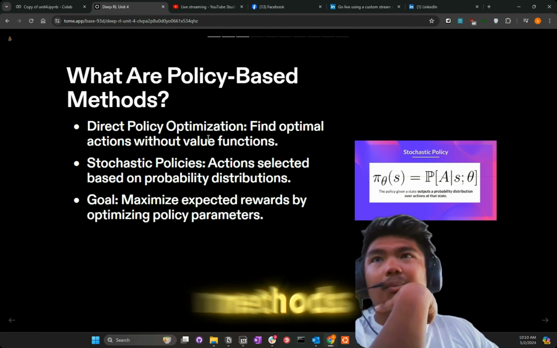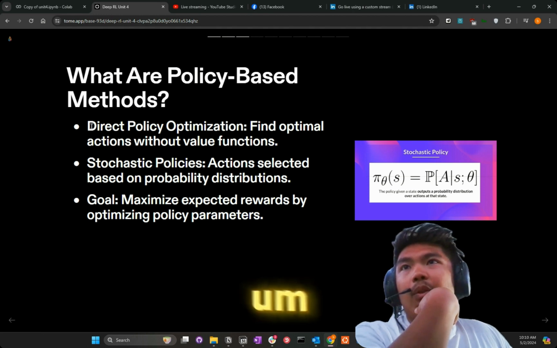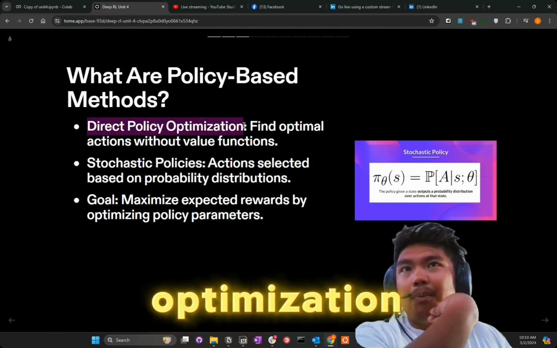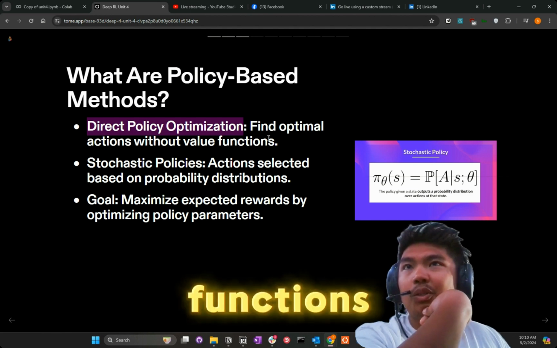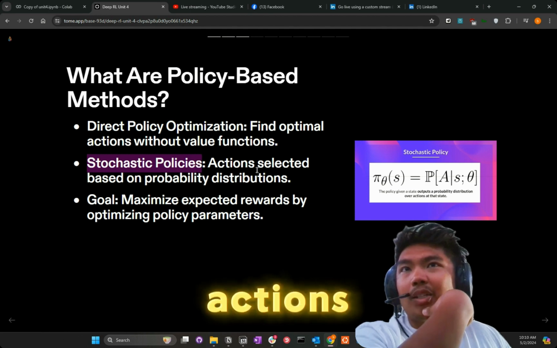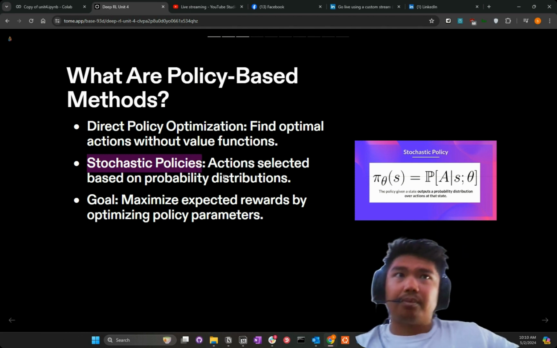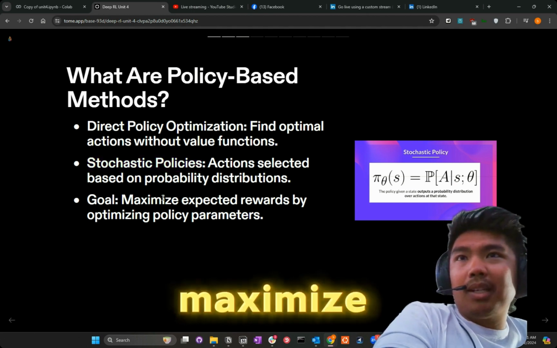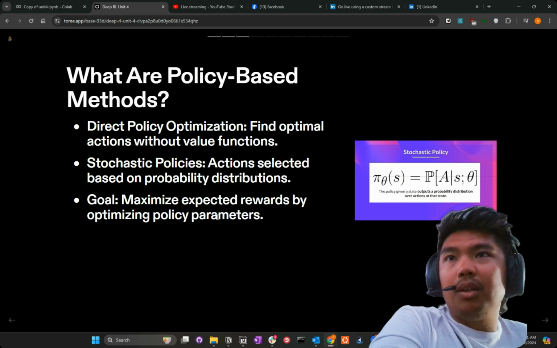What are policy-based methods? Some important concepts. We can do direct policy optimization, which is finding optimal actions without value functions. Or we can have stochastic policies, where actions are selected based on a probability distribution. The goal is to maximize expected rewards by optimizing policy parameters.